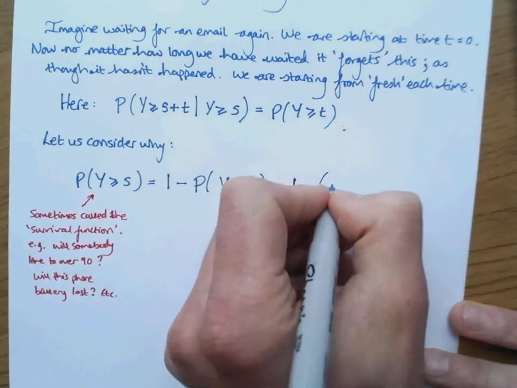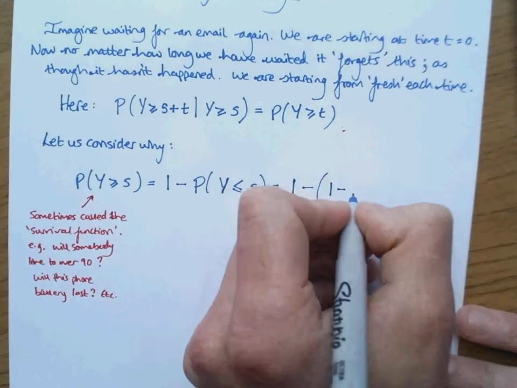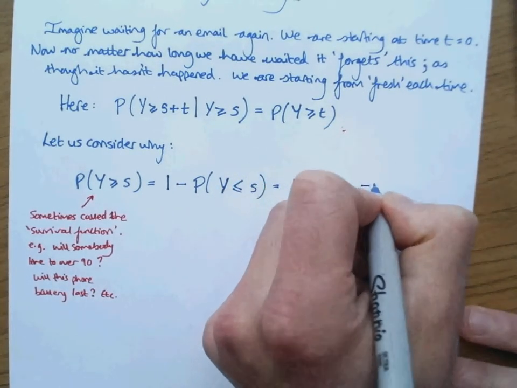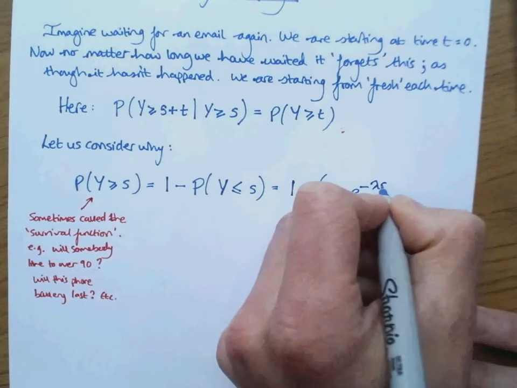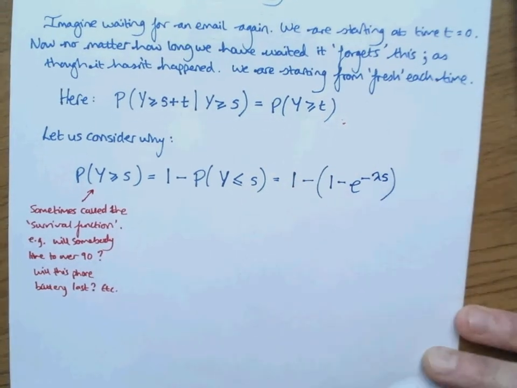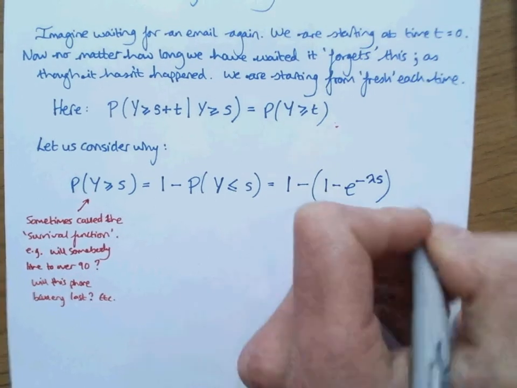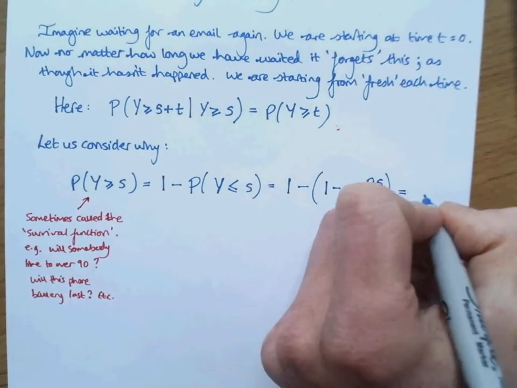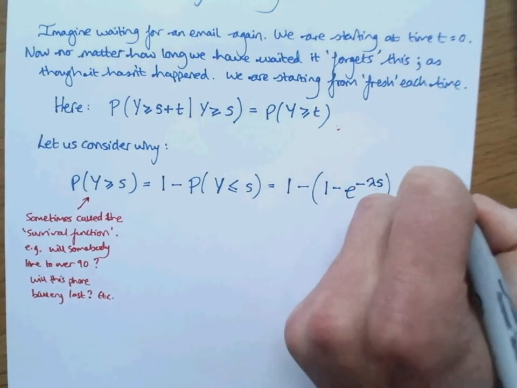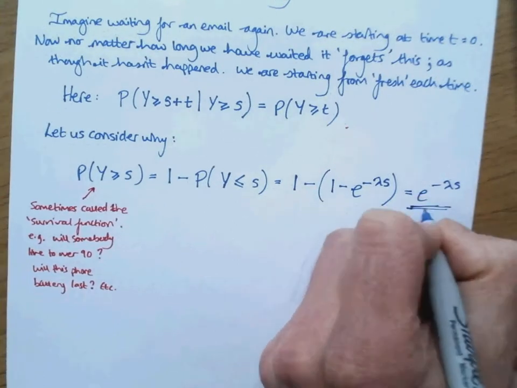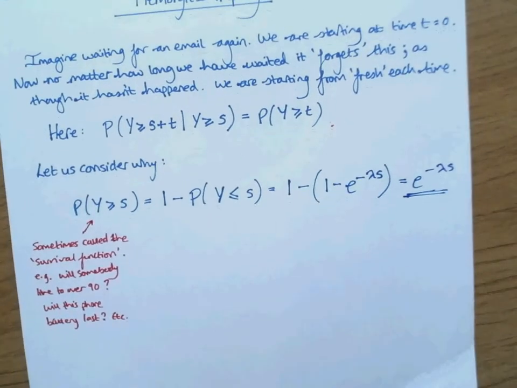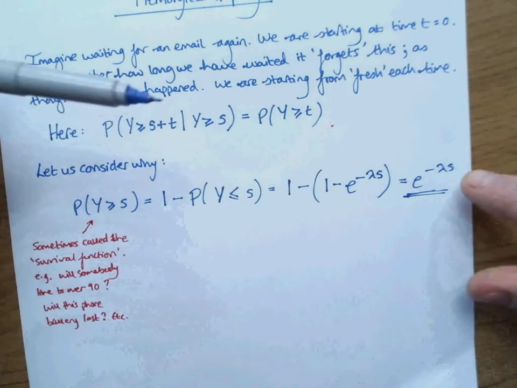If you remember the cumulative distribution function from the other video is determined by 1 minus e to the negative lambda s. Of course the 1 minus the 1 will cancel, and then just be careful with our signs. So we get this, which is the survival function.